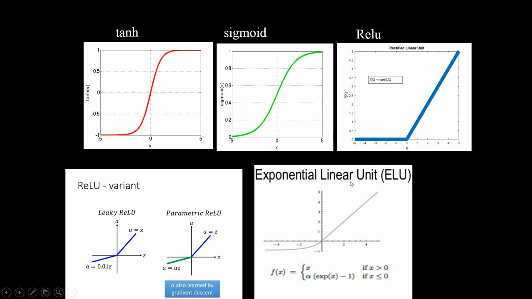The role of the activation function is to induce non-linearity in the network to learn complex non-linear functions for non-linear data. So activation functions play a very important role, and there are a number of them which you can choose while implementing your network.